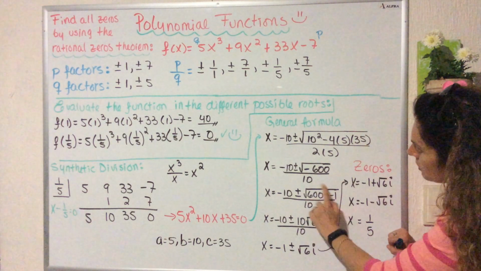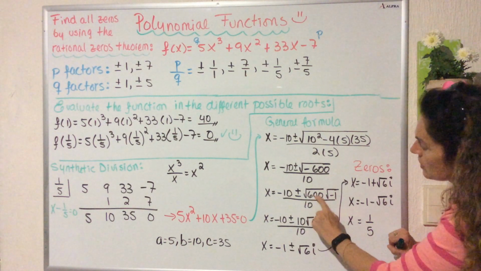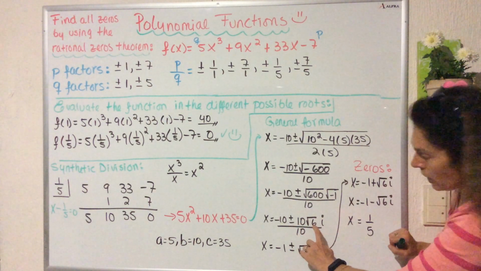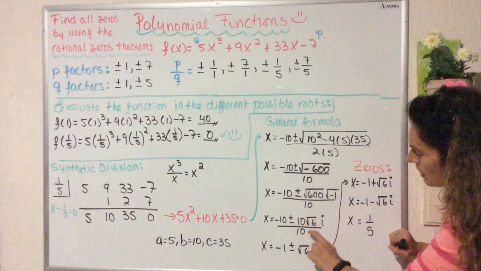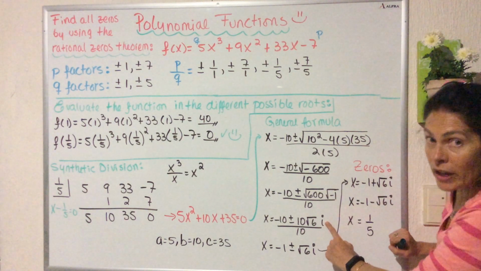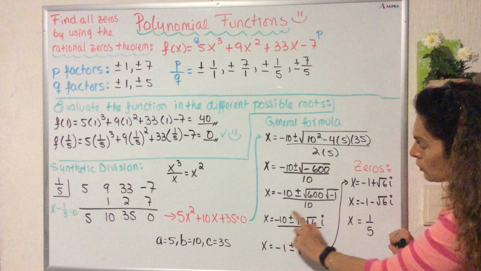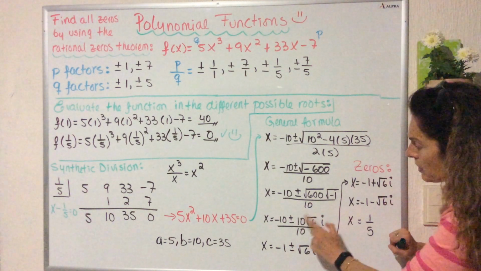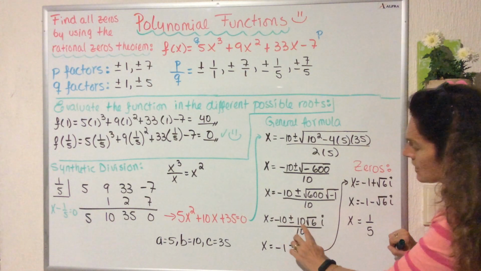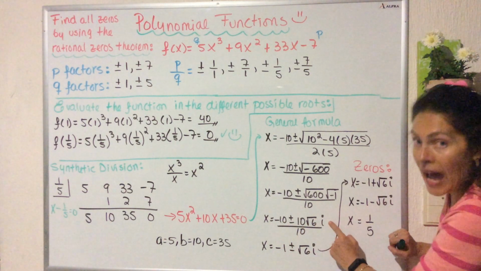So when we simplify this square root of 600, we get 10 square root of 6, which is the positive part. And then the square root of minus 1 equals i. So careful, this is important for you to remember how to get the complex numbers. Now, we have minus 10 plus or minus 10 square root of 6, i.